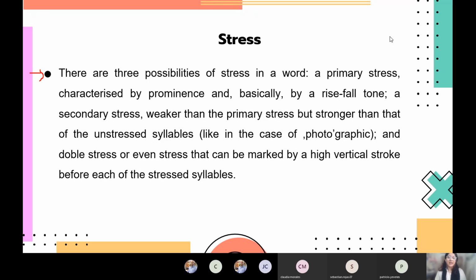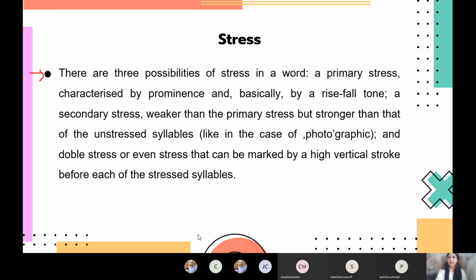And finally, there's a double stress or even stress that in some words, like 15, if I'm not mistaken, can have, well, some people say that it has a primary stress and a secondary stress, but others say that it has an even stress in the first and second syllable, I think.